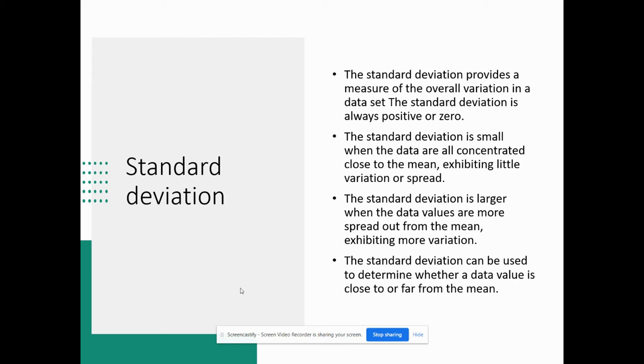So I roughly can think of 68% of the data being between 8 and 12, because my mean was 10 and my standard deviation was 2. To get the lower side of my mean, I do 10 minus 2 is 8. To get the upper side of my mean, I do 10 plus 2 is 12. And that's kind of how it works.